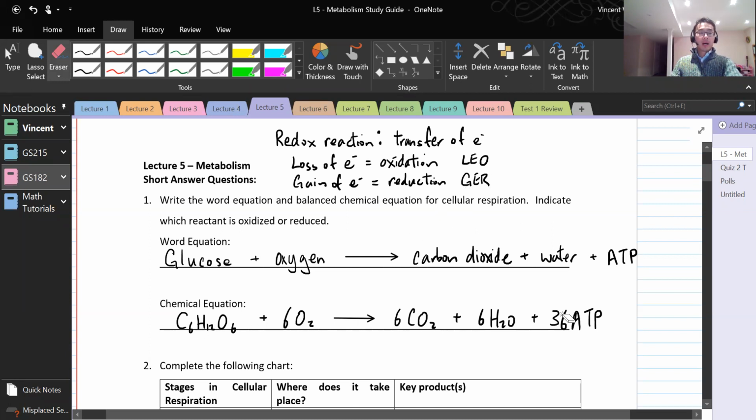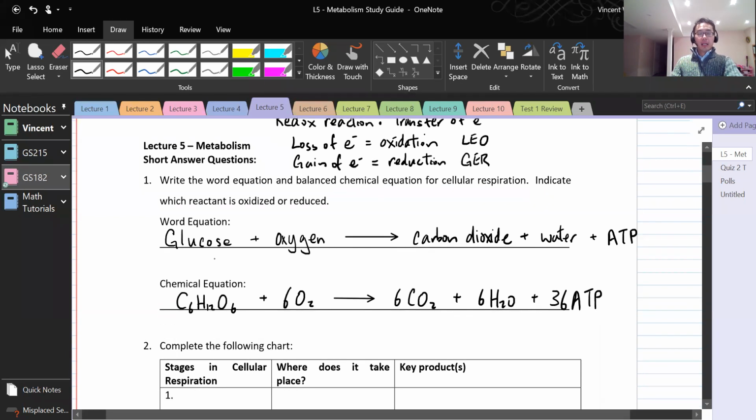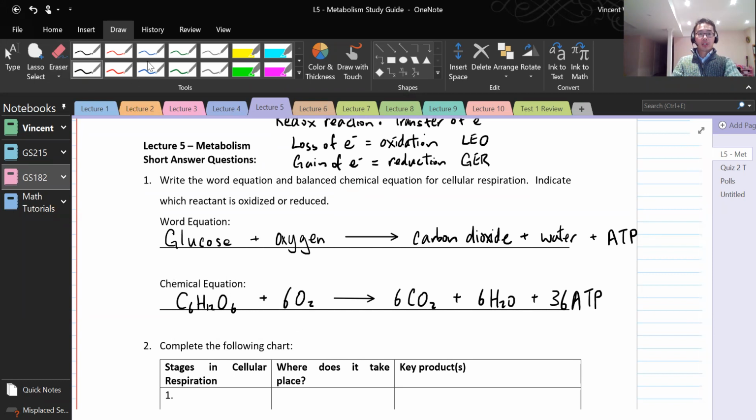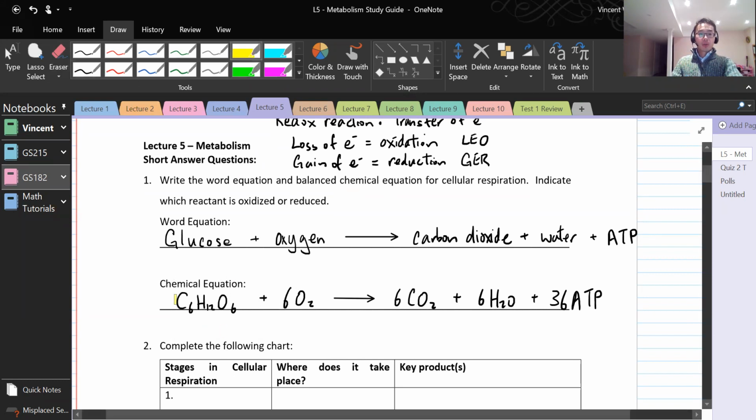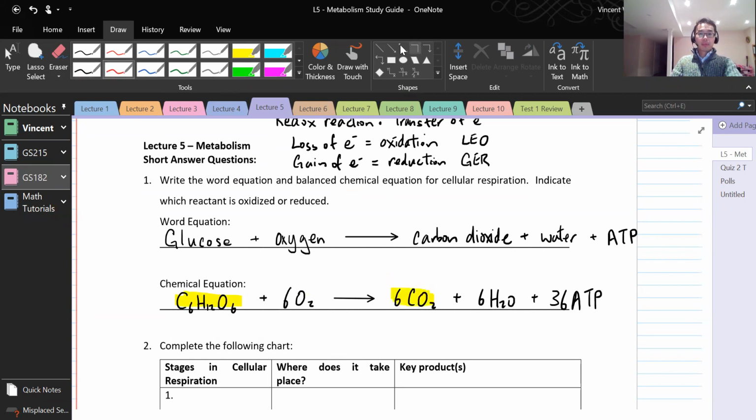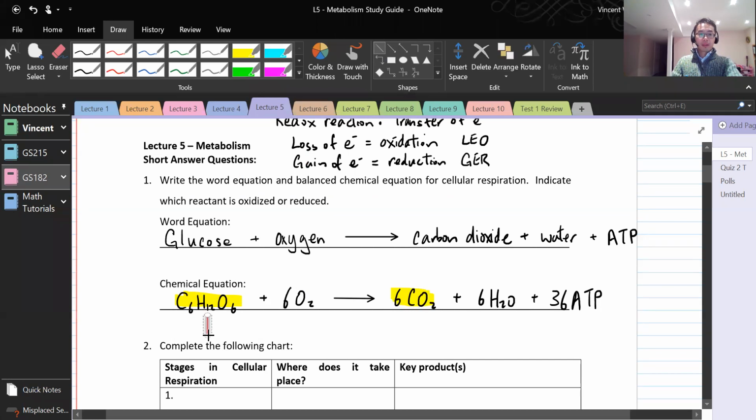So in our equation here, we will have electrons being taken away from glucose, and ultimately those electrons will end up on the oxygen. Okay, so glucose is going to be oxidized into carbon dioxide.